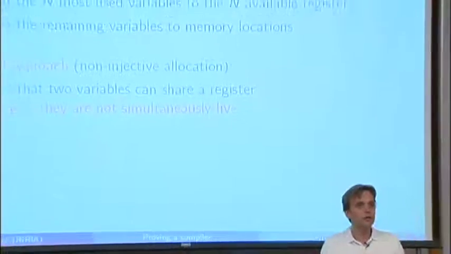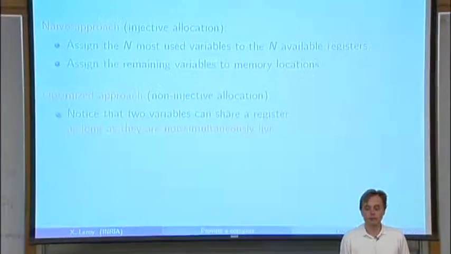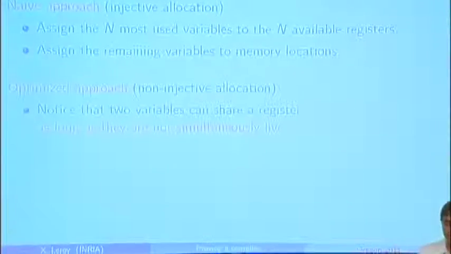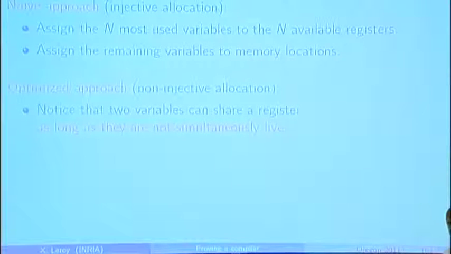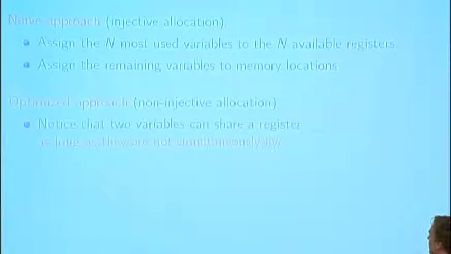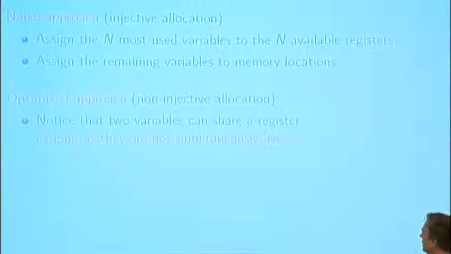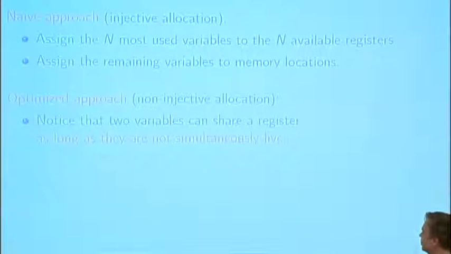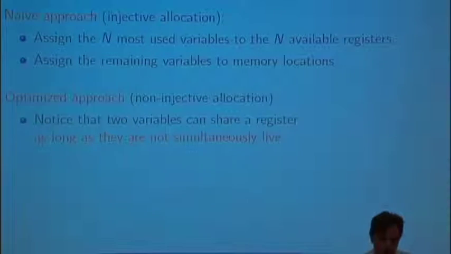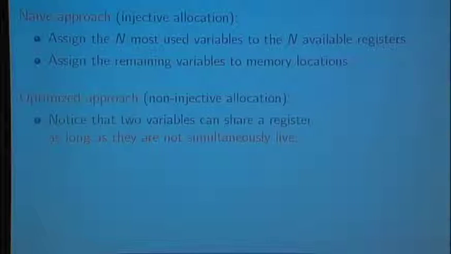You look at your program, you pick up the n most used variables, and you assign them to the n available registers, and everything else goes on the stack. But that is very suboptimal, because it is possible to do better when it is possible to have 2 variables, or more, that share a given register, as long as those 2 variables are not simultaneously live.